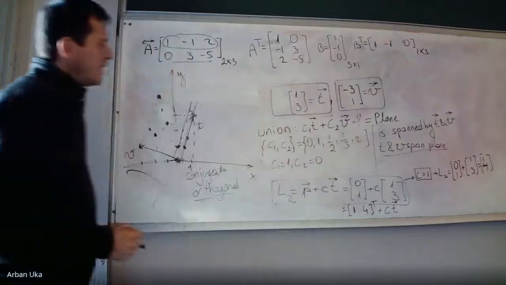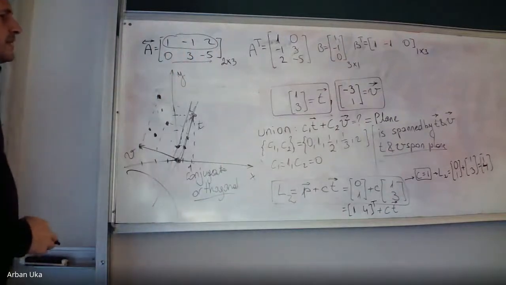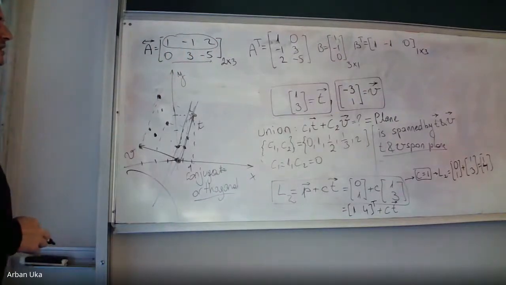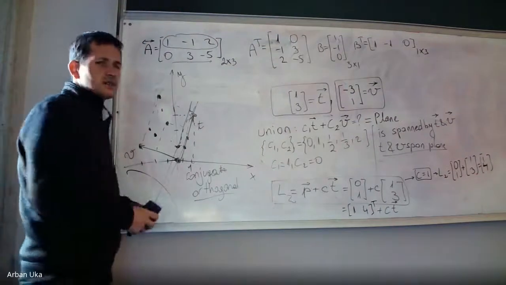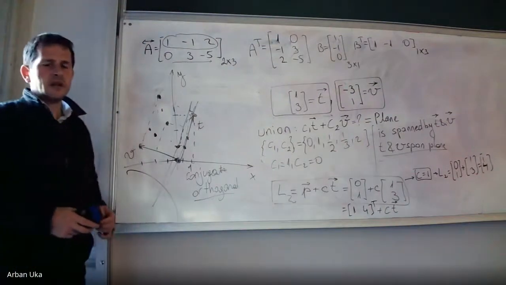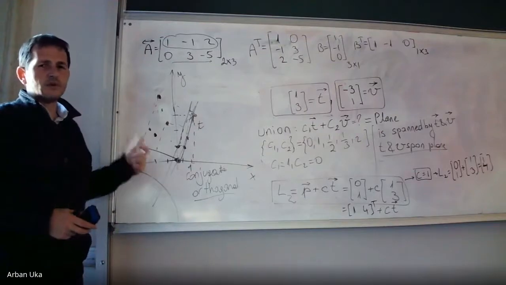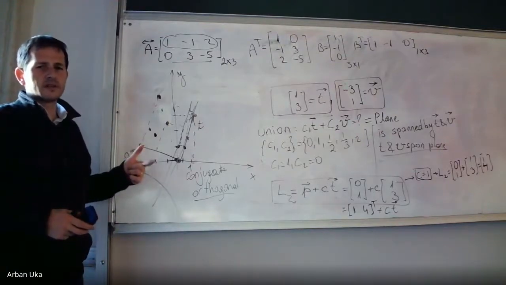Okay? So T and V span the plane, and what is the dimension of the plane? It is 2D, right? It's two-dimensional, and it looks like we can span a two-dimensional structure with two vectors.